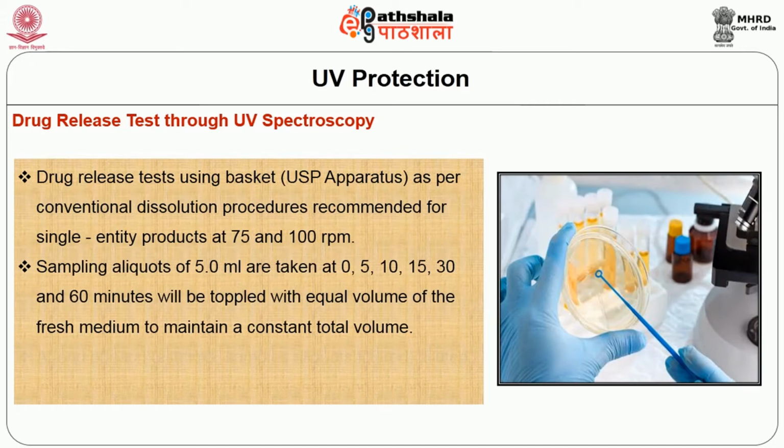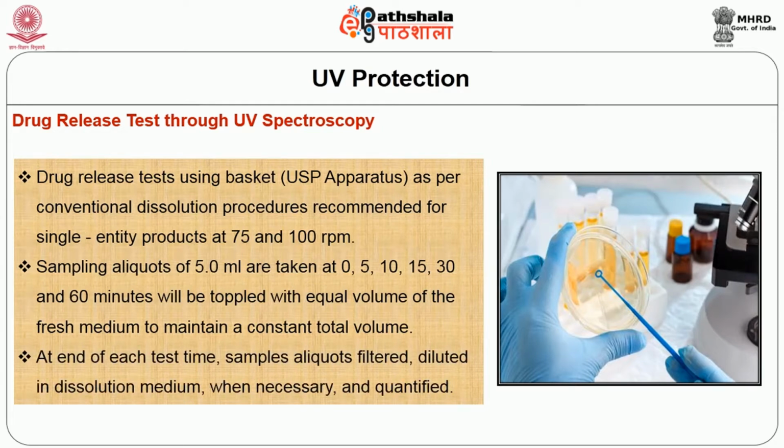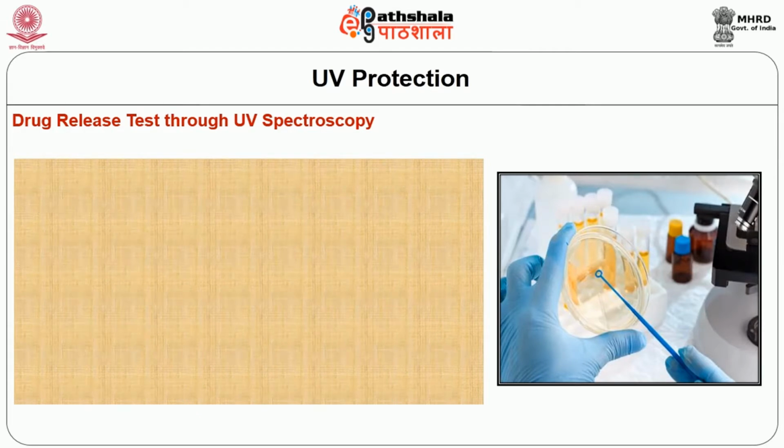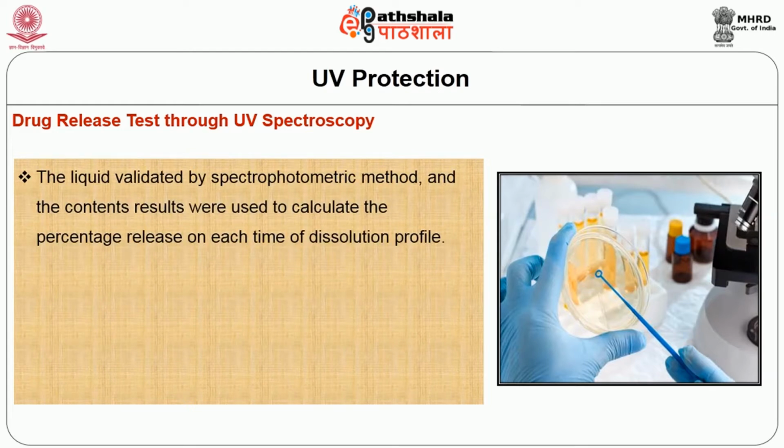At each time, it is topped up with equal volume of fresh medium to maintain a constant total volume of 5 ml. At the end of each test time, samples are filtered, the aliquots are diluted in dissolution medium when necessary and quantified. The prepared liquids are validated by spectrophotometric method and the content results are used to evaluate the % release at each time of the dissolution profile.